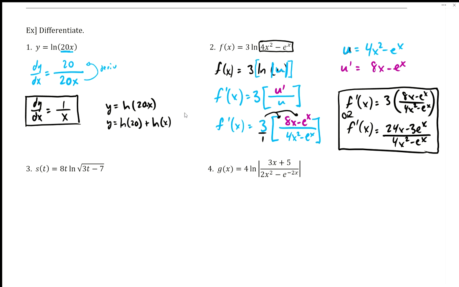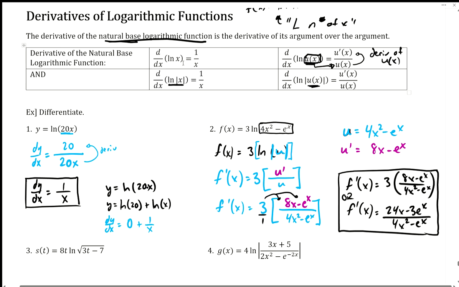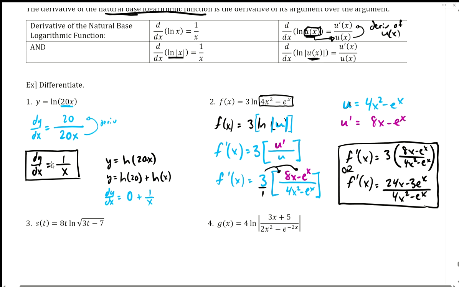And then doing the derivative, dy/dx, natural log of 20's derivative, well, that's just a number. This is a constant here. So that means its derivative is 0. And then ln of x's derivative, that's the most basic form. It is 1 over x from up in the table, which matches this answer. Okay, so the rules can be used on other problems as well.